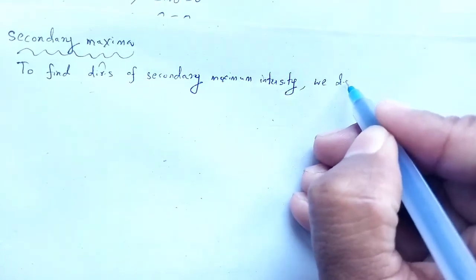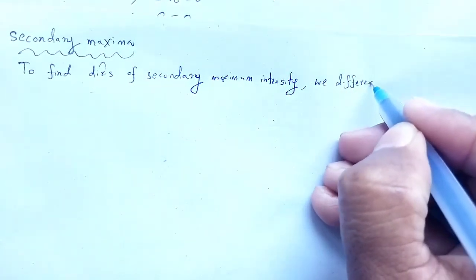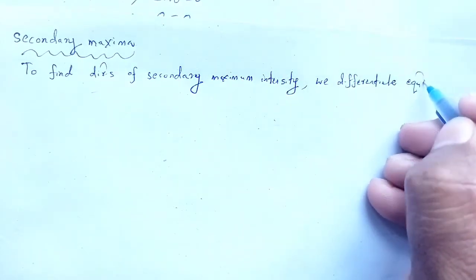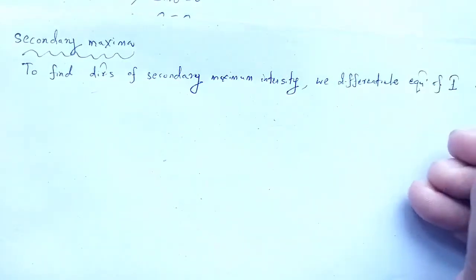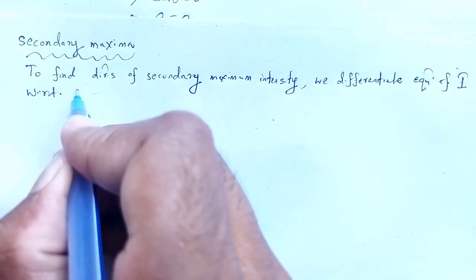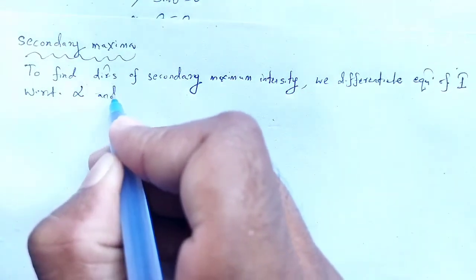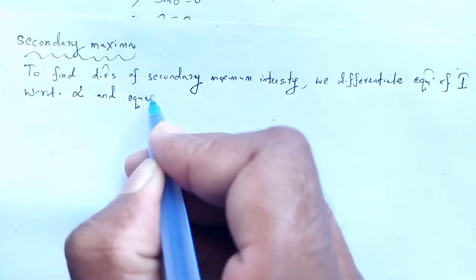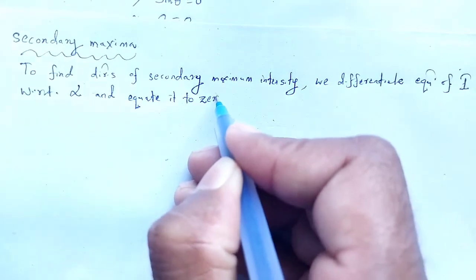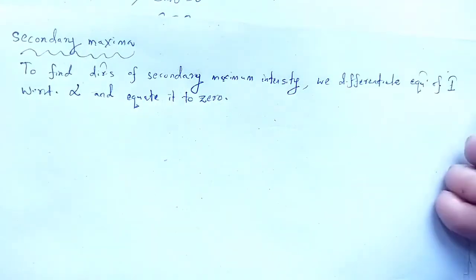We differentiate the equation of intensity I with respect to alpha and equate it to 0. Gradually the intensity decreases.